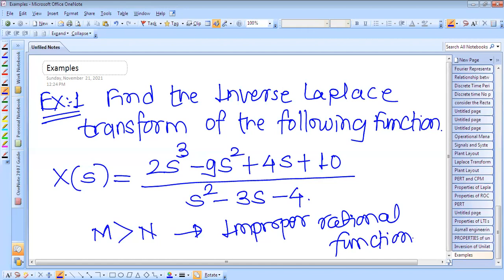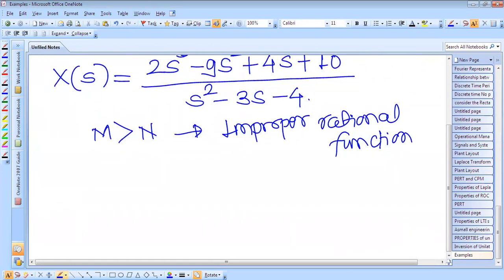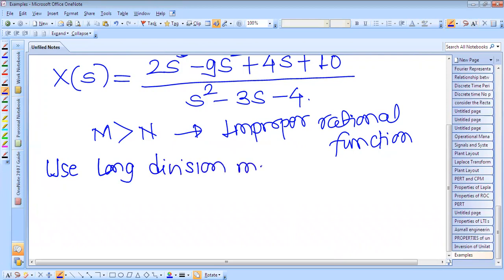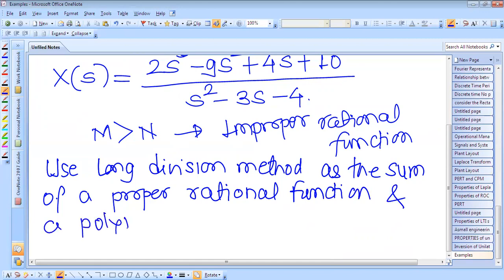So what we have to do is use the long division method, to write it as the sum of a proper rational function and a polynomial in s.